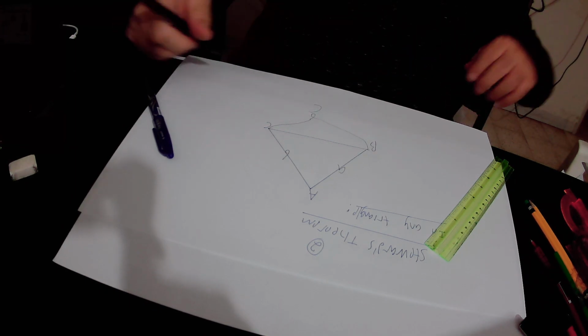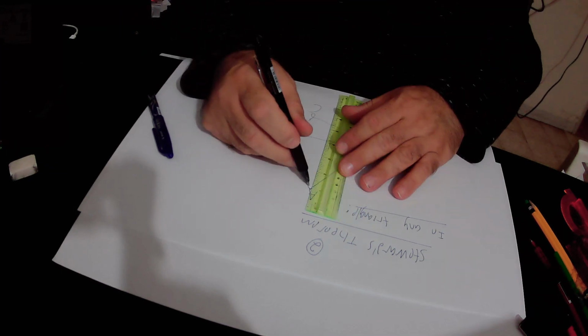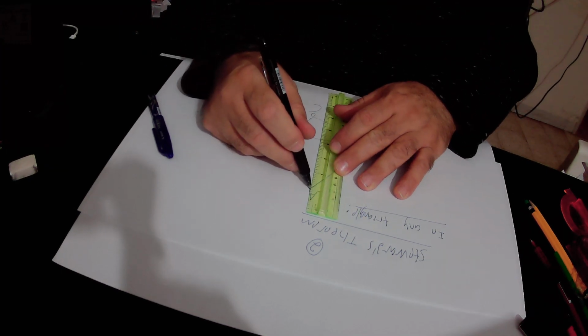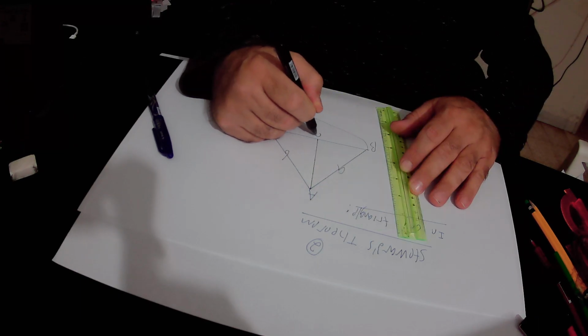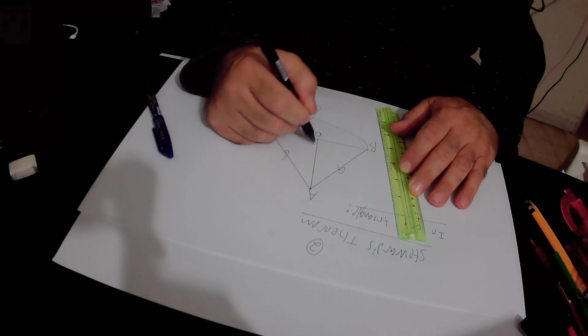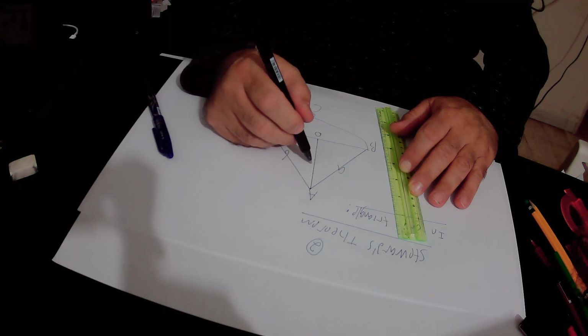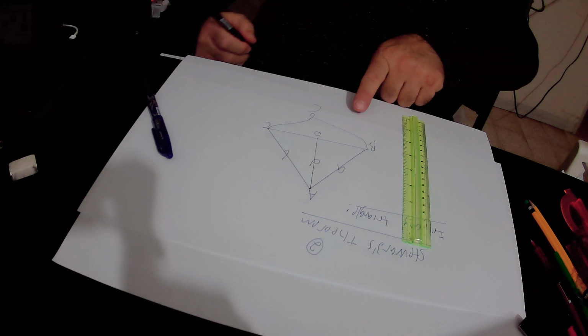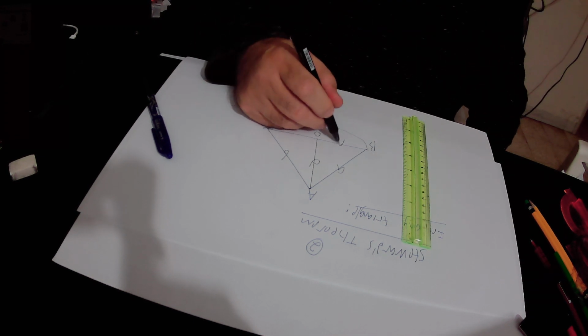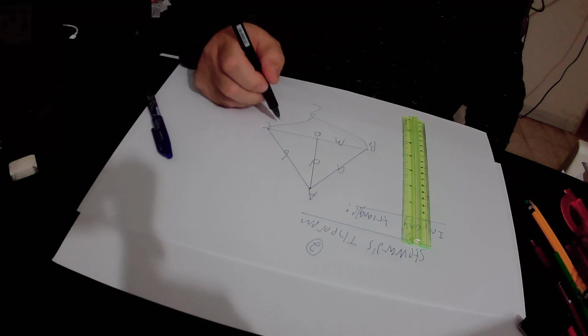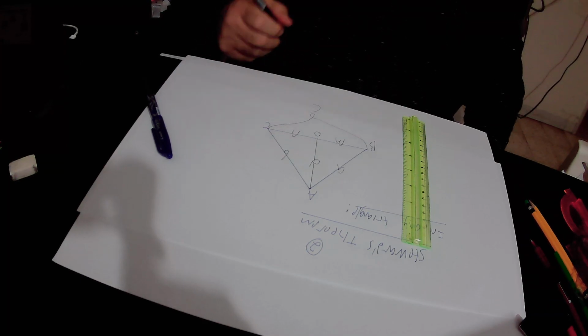And we also have here AO, line segment AO equals D units in its length. We also know that line segment BO equals M units in its length, and line segment OC equals N units in its length.